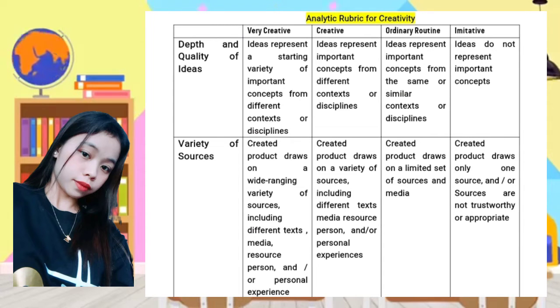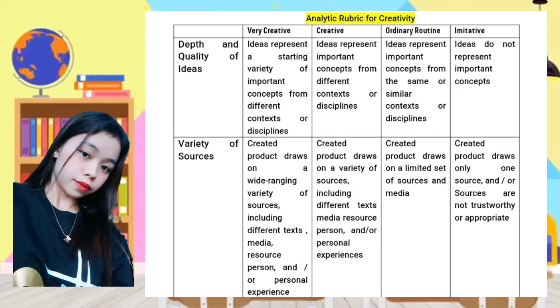So, the next is variety of sources. In very creative, a created product draws on a wide-ranging variety of sources, including different texts, media, resources, persons, and or personal experience. In creative, a product draws on a variety of sources, including different texts, media, resources, persons, and or personal experience.